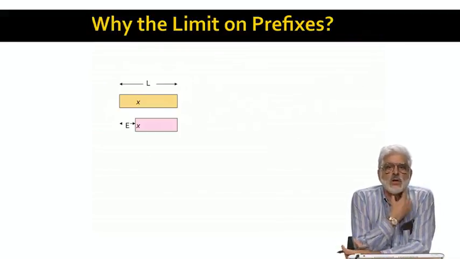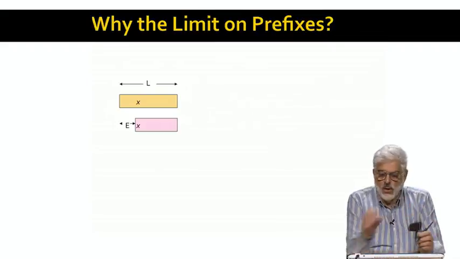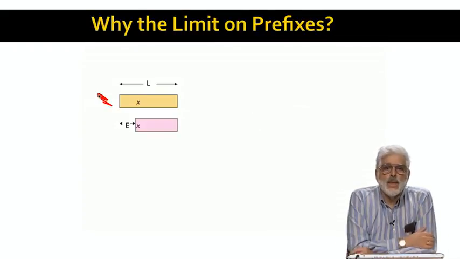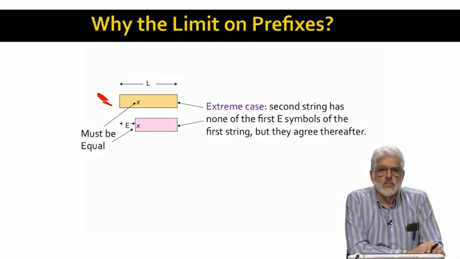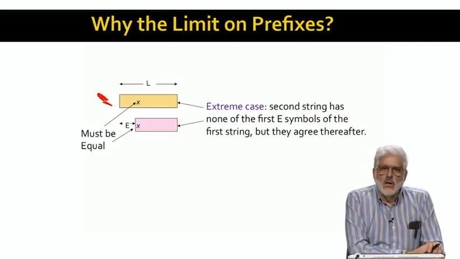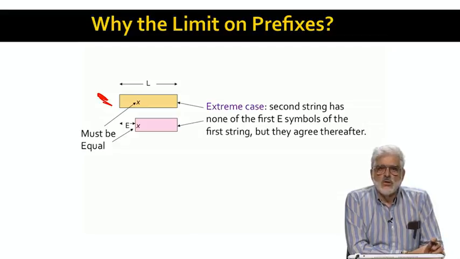Let's start with a string of length L, represented by the orange bar. Suppose it has Jaccard distance J from some other string, but there's a long prefix of length E of the orange string that has no symbol in common with the purple string. If the Jaccard distance between the orange and purple strings is to be as low as possible, the two strings must agree exactly after that prefix. Put another way, the orange string consists of the prefix of symbols only it has, followed by the entire purple string exactly.